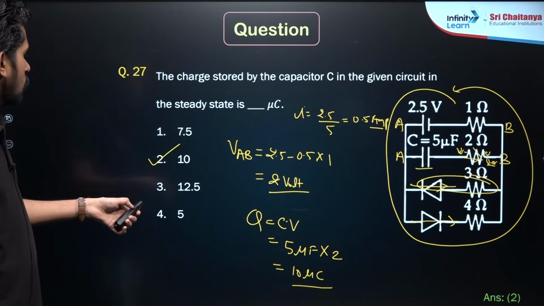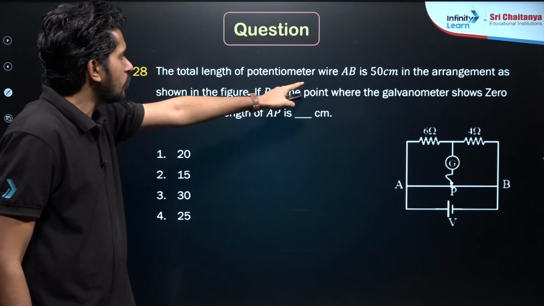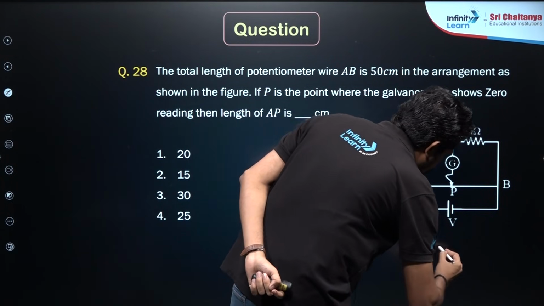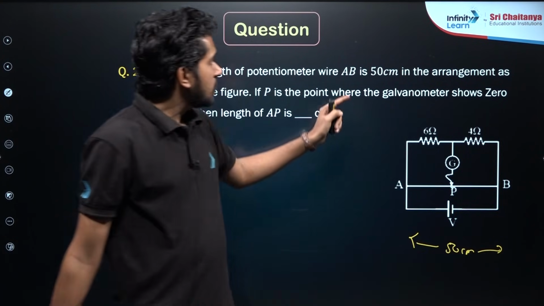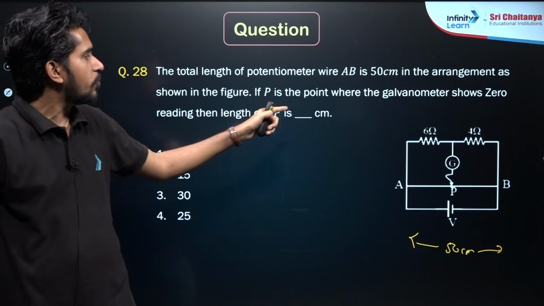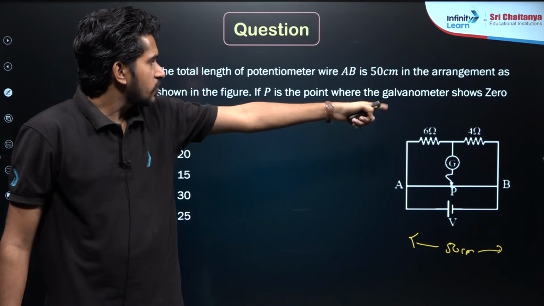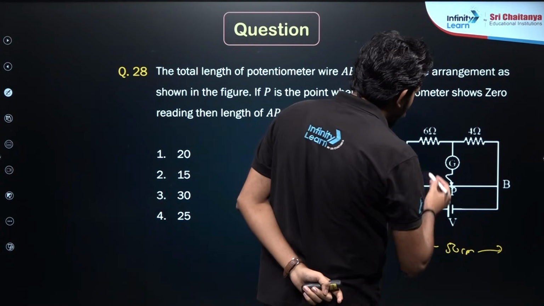Now question number 28. The total length of potentiometer wire AB is 50 centimeter. Length of wire is given 50 centimeter. Then in the arrangement as shown in the figure, P is the point where the galvanometer shows 0 reading. 0 reading means what?